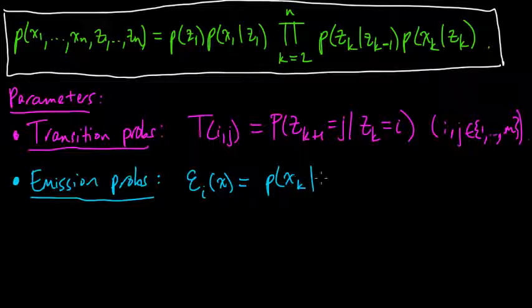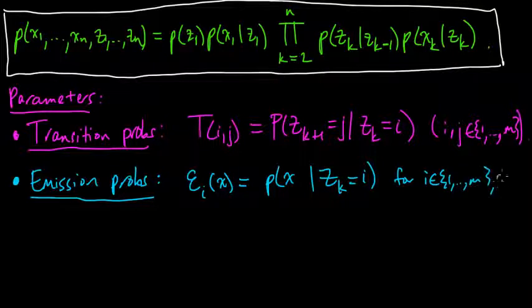The density at the value x, not x_k, given z_k equals some value i, for i in this set, and x in the set that the x's take values in.